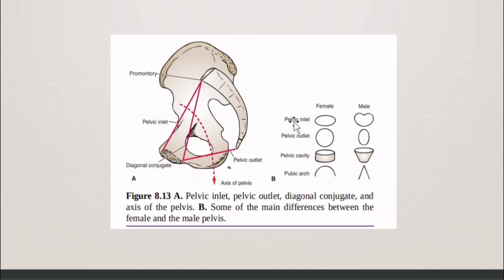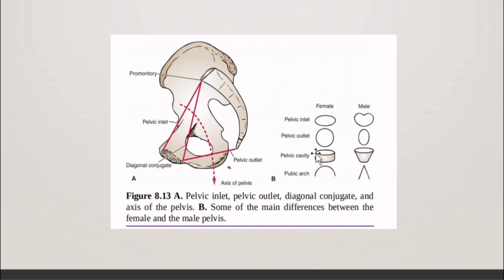The pelvic brim of the female has a transverse diameter longer than its anteroposterior diameter. So we see that its inlet is oval in shape, while that of the males is kind of heart-shaped because of an inward projecting sacral promontory.